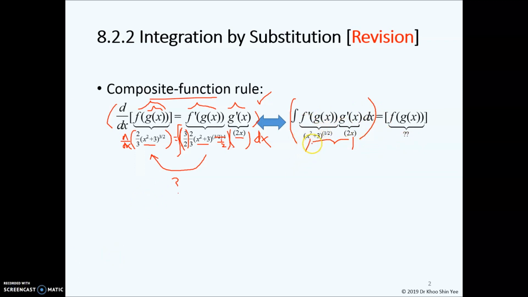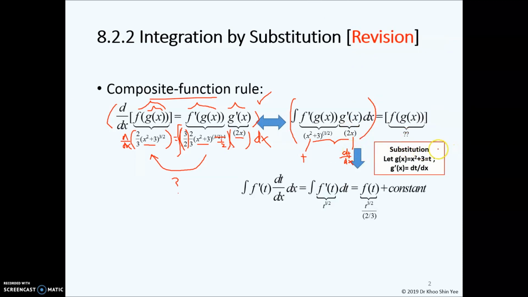In this case, let t equal x squared plus 3, and then you differentiate, dt over dx, you should get 2x. So when we substitute inside this term here, we get f prime t and g prime x, which is dt over dx, and the dx remains here.